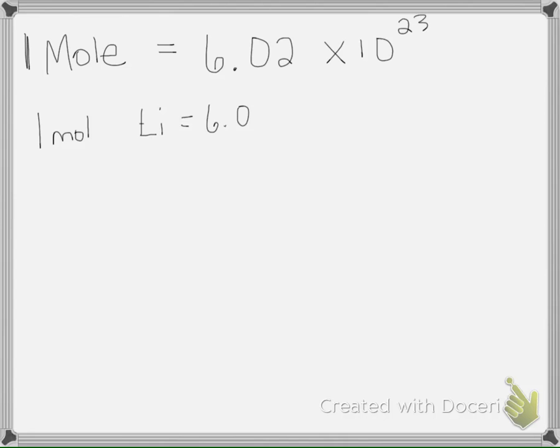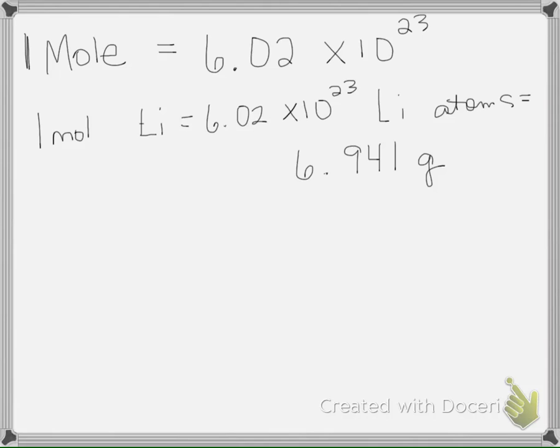Well, it's 6.02 times 10 to the 23rd lithium atoms. It's that same number from the periodic table, y'all, that 6.941, except it's in terms of grams. 6.941 grams.